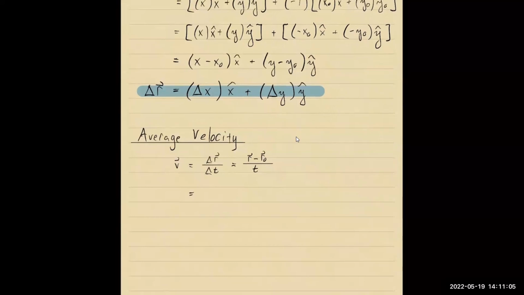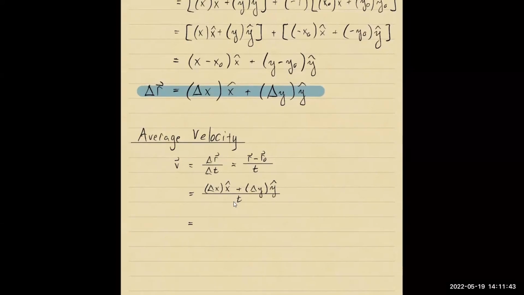We have r minus r naught is equal to the displacement of x in the x direction plus the displacement of y in the y direction, all divided by elapsed time.